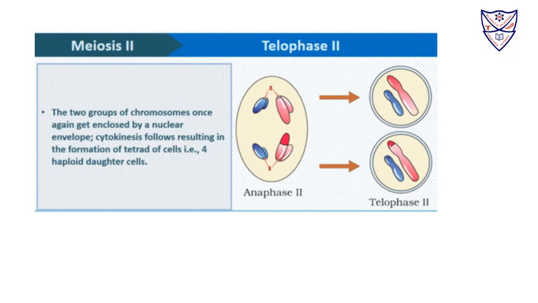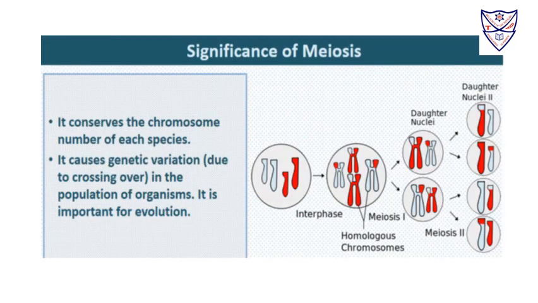Let us look at the significance of meiosis now. Meiosis conserves the chromosome number of each species. Here we have haploid, unpaired chromosomes which eventually join together to form diploid chromosomes. This also causes genetic variation.